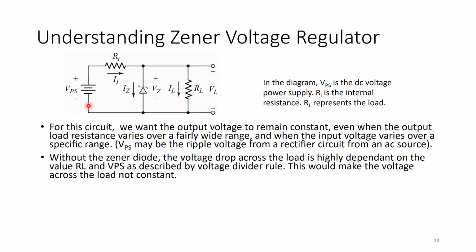So whatever VPS gives to RL, you're not getting a constant level of power supply. This would make the voltage across the load not constant.